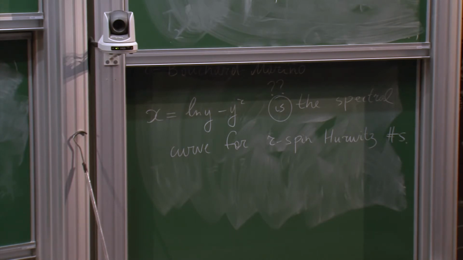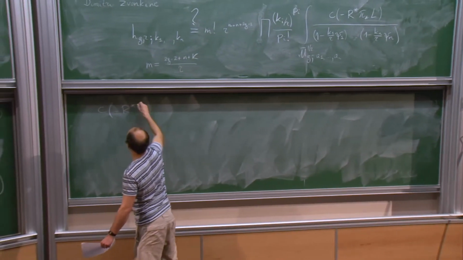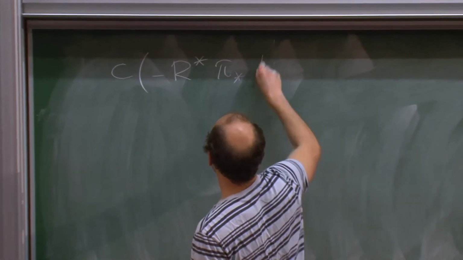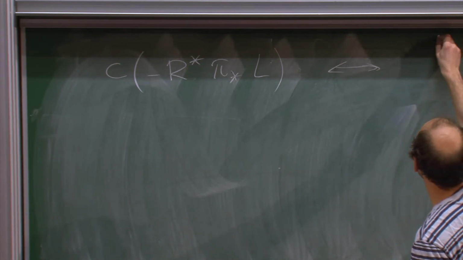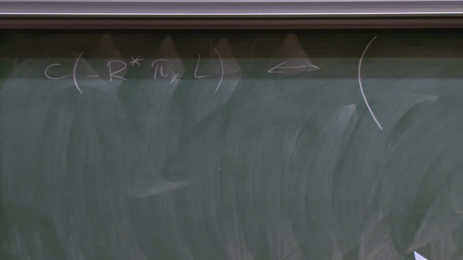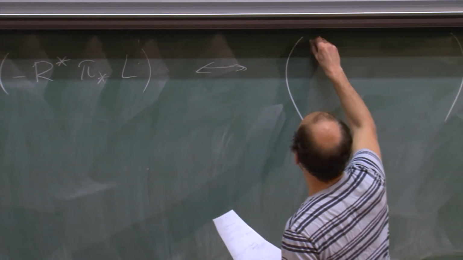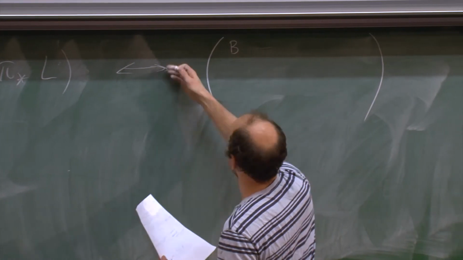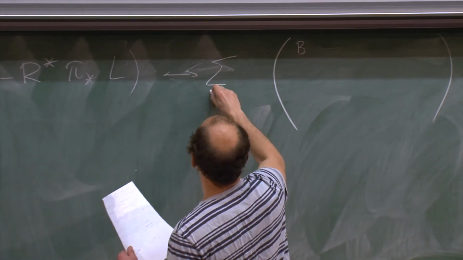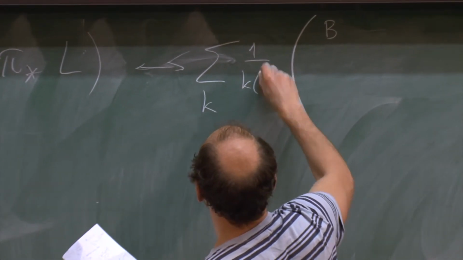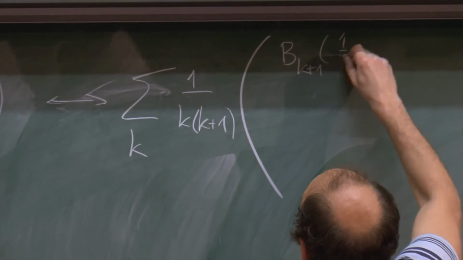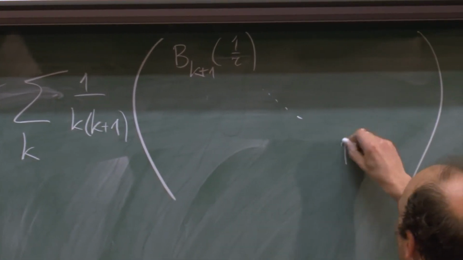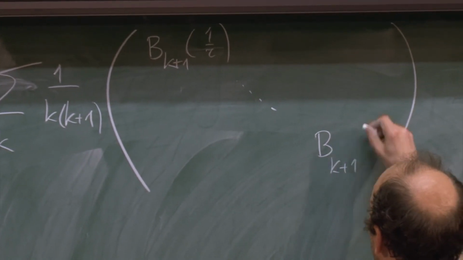So for the space of R-spin structures, you have this C of minus R star of the push forward of L, and this corresponds to a matrix valued power series. The matrix is R times R, and the elements here are B_{k+1}, so it's, let's say, sum over k of 1 over k plus 1, and here you have B_{k+1} of 1 over r, and so on, B_{k+1} of r over r.